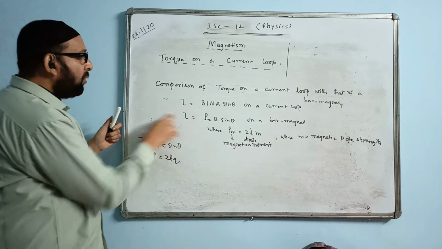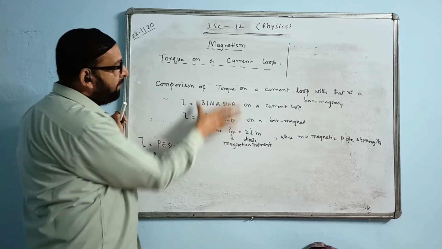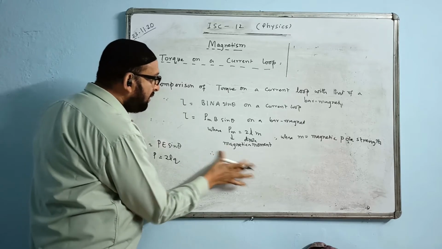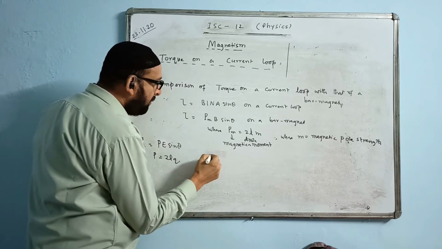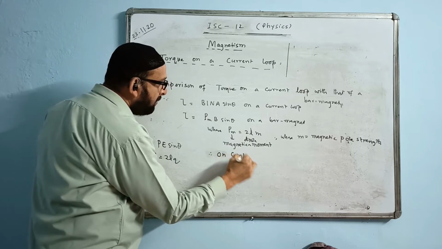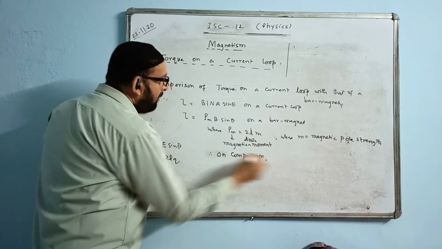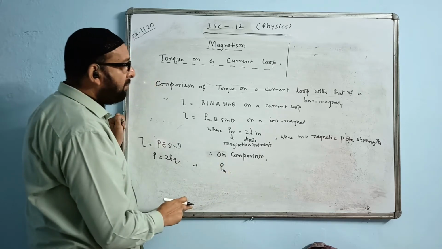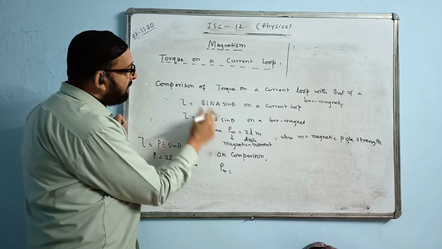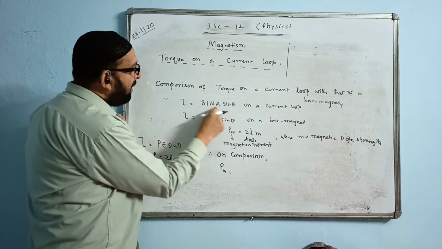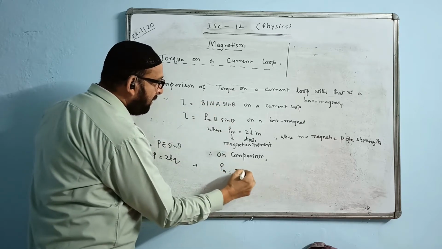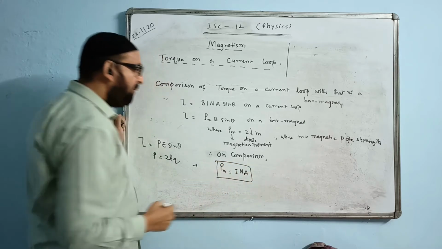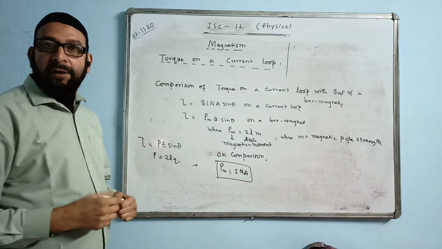Let us compare the two torques. Therefore, on comparison, let us compare the two equations and check what value of P_m is coming. B sin theta is common, and the P_m value is coming I N A. This is the formula of magnetic dipole moment in terms of current.